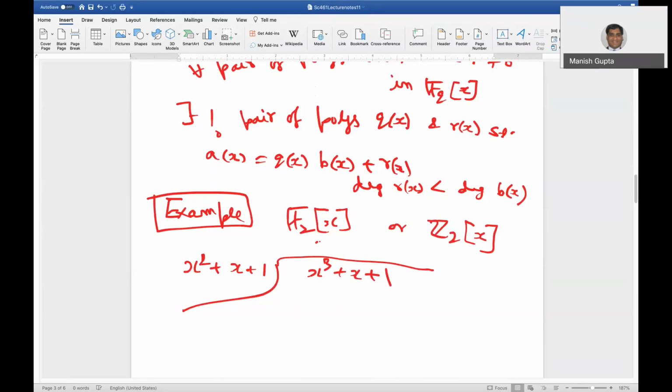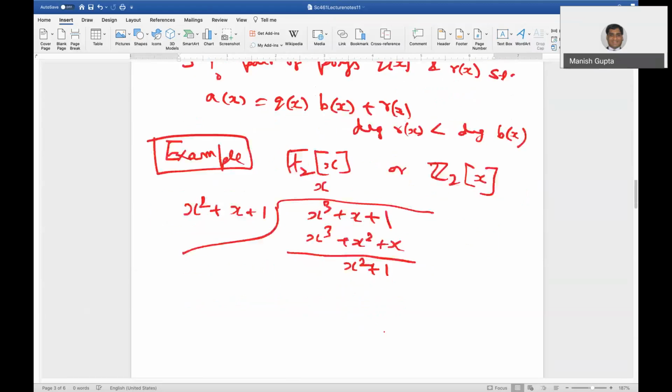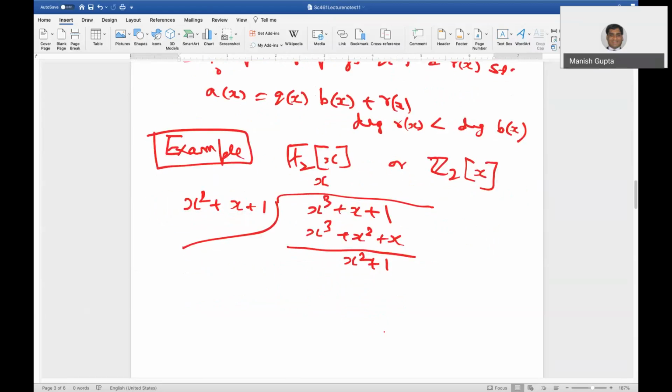We first multiply with x, so it is x cube plus x square plus x. Subtract it, you get x square plus 1. Everything is modulo 2, you need to keep in mind. Then multiply by plus 1, so you get x square plus x plus 1. We are left with x. This is your remainder. x plus 1 is your quotient, and we have a(x) and b(x) polynomials.